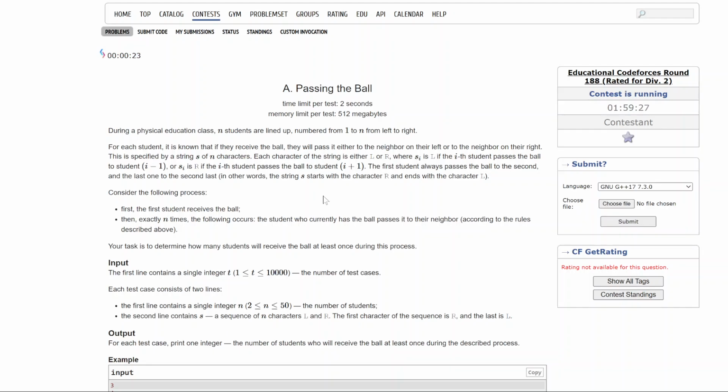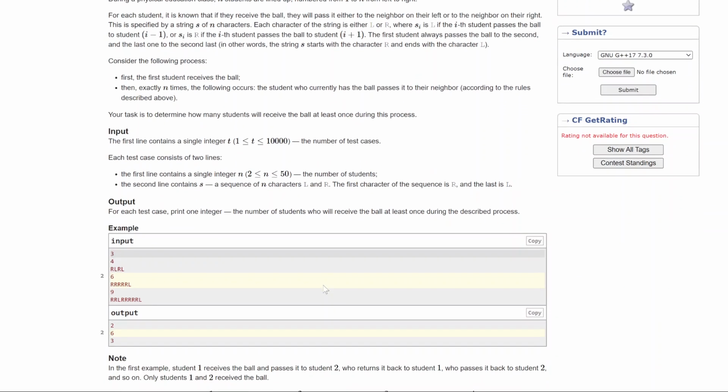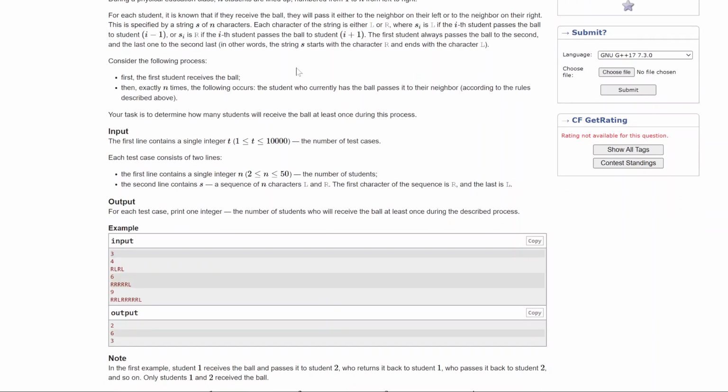First student passes, last, process first. Okay, this is an easy question.